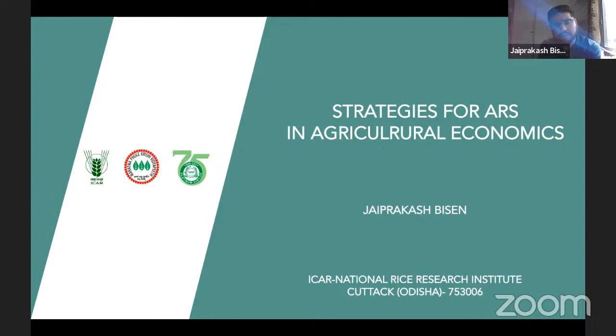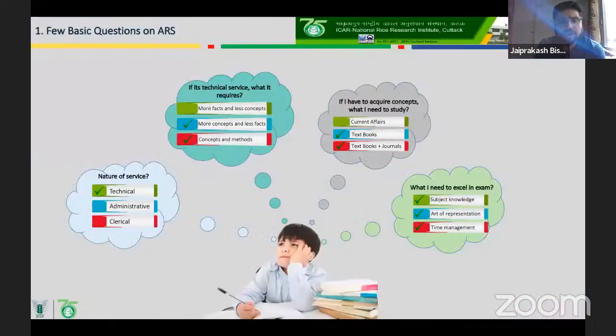Most of the syllabus for economics and ABM is almost the same, but there are some variations. I will try to give more emphasis on the economics point of view, because my area is agriculture economics, and I can speak more about what to study and what not to study, but certainly not on agribusiness management.